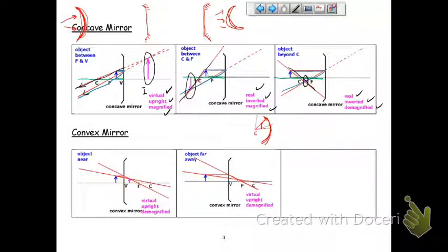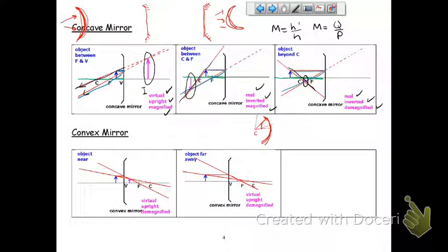We could work out the magnification as the image height over the object height, and also from q over p. We got reasonably similar answers depending on how well we drew it. If we drew it perfectly, we'd get exactly the same answers. Bigger diagrams always work better than smaller diagrams.